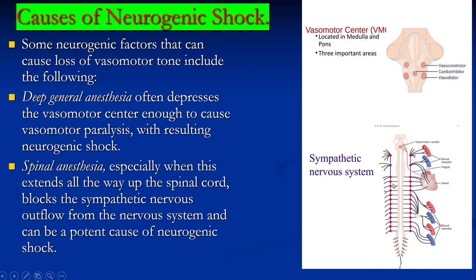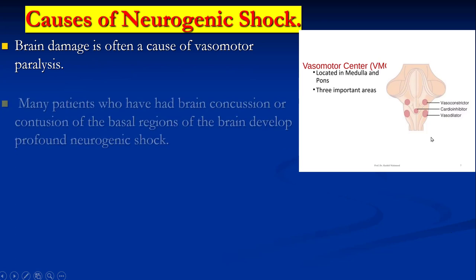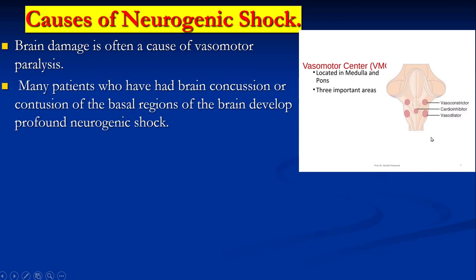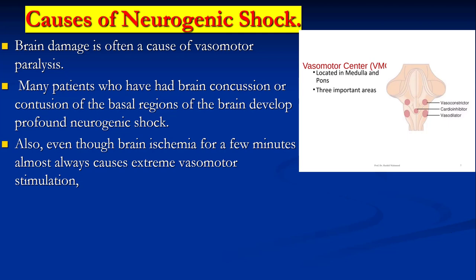Spinal anesthesia, especially when this extends all the way up the spinal cord, blocks the sympathetic nervous outflow from the nervous system and can be a potent cause of neurogenic shock. Brain damage is often a cause of vasomotor paralysis. Many patients who have had brain concussion or contusion of the basal region of the brain develop profound neurogenic shock.